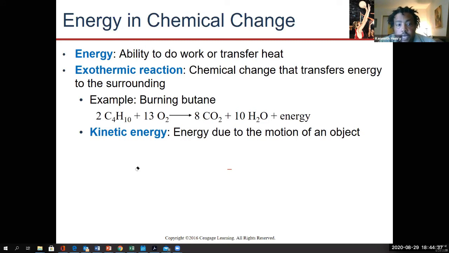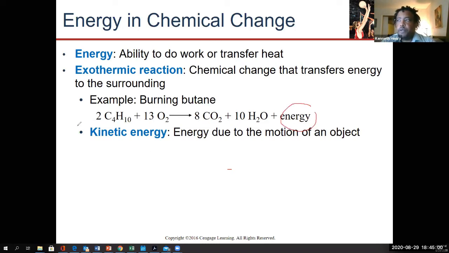Heat. So in that case, heat is being released from that chemical reaction, that burning reaction. That's how we get warm, right? So heat is being released. That means it is an exothermic reaction because heat is being released, so it's going to be on the product side of the equation.